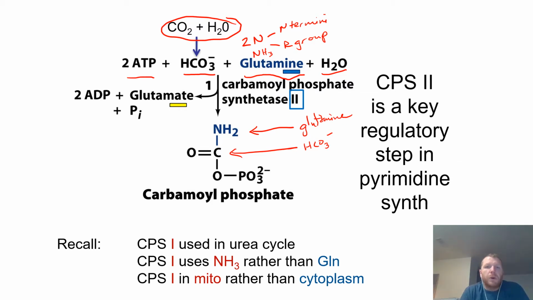Well, it's actually in both. But what is the fate of those? If carbamoyl phosphate is in the mitochondria, that is ultimately going to be entering into the urea cycle. If carbamoyl phosphate is in the cytosol, that is going to be involved in pyrimidine synthesis.